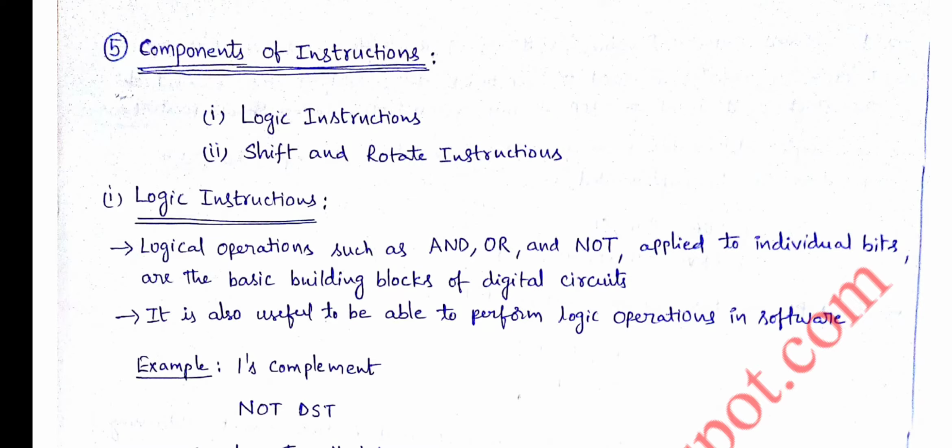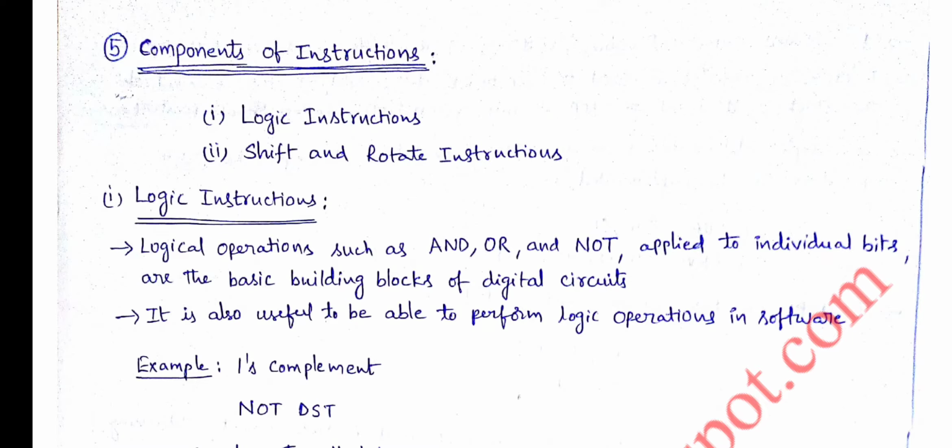These are the operations which are performed bitwise, applied to the individual bits, which are the basic building blocks of digital circuits. It is also useful to be able to perform logical operations in software. Once again, logical instructions are logical AND, logical OR, and logical NOT.